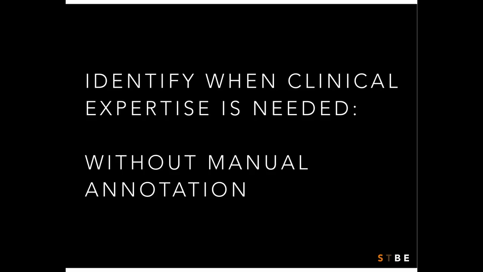So I'm going to begin with how we can identify when clinical expertise is needed without manual annotation, meaning that a lot of these automated classification tasks require manual annotation for the machine to be trained in generating predictions. But I wanted to see if there were any ways that we can train the machine without any manual annotation, because that's a lot of work and time and effort.